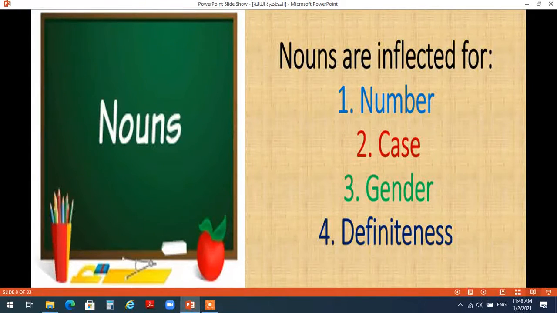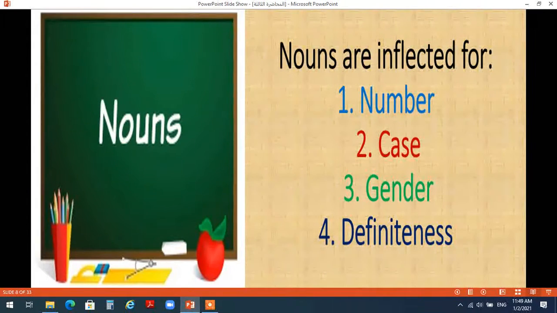Now, we come to nouns which are inflected for the following categories اللي هي number, case, gender and definiteness. إذن الأسماء في اللغة العربية تخضع لتغييرات أو تطرأ عليها تأثيرات معينة. هذه التغييرات قد تكون بسبب تغير حالة الاسم من كونه مفرد إلى مثنى أو إلى حالة الجمع. وكذلك يتغير بالنسبة إلى حالته الإعرابية إن كان في حالة الرفع أو النصب أو الجر، وكذلك جنس الكلمة القواعدي إن كان الاسم مذكرا أم مؤنثا، وكذلك يتغير according to definiteness أي في حال كون الاسم نكرة أم معرفة. إذن هذه الحالات تؤثر على الاسم وتجعله يخضع لبعض التغييرات.